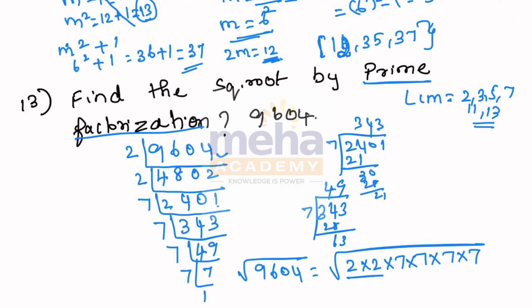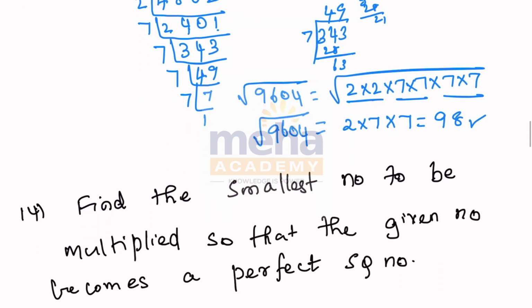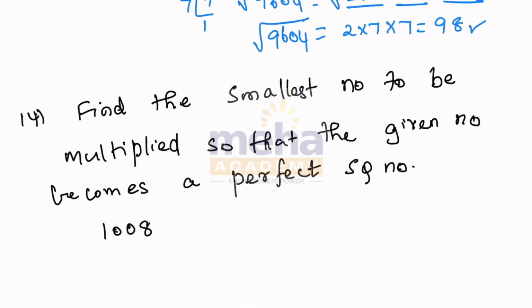Then pair the numbers, and for every 2 numbers 1 number will come out. So the answer is 49 into 2, 98. So the square root of 9604 is 98. Next question.